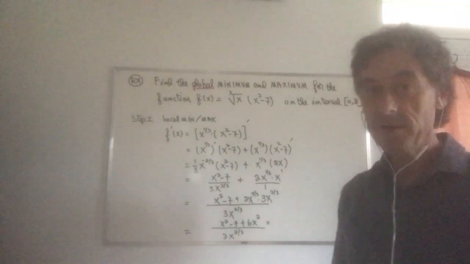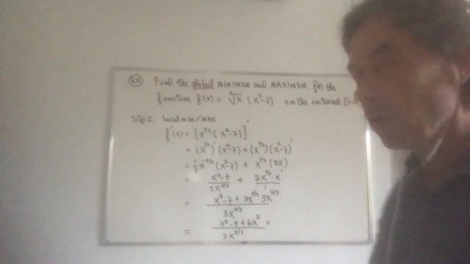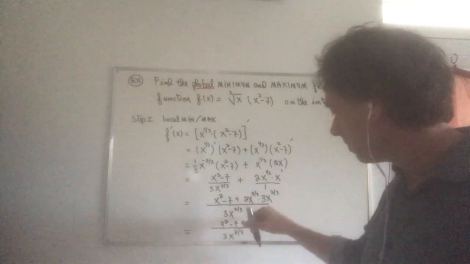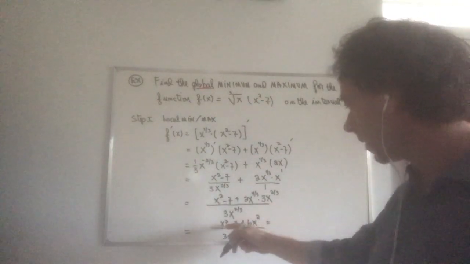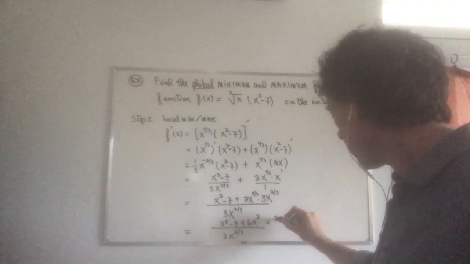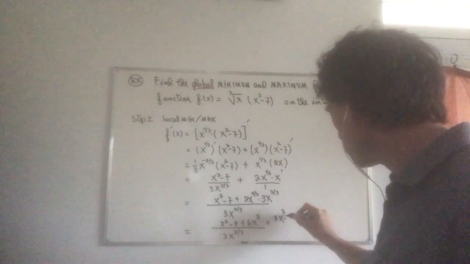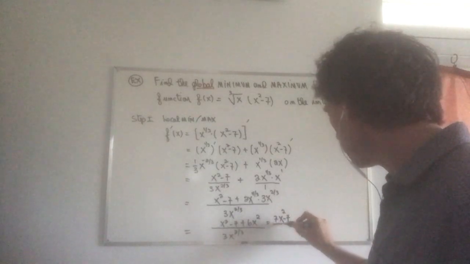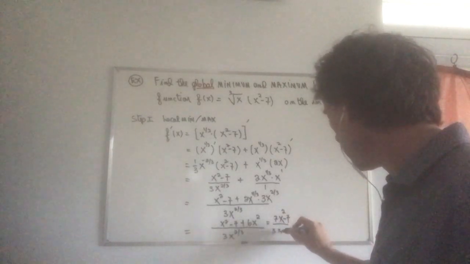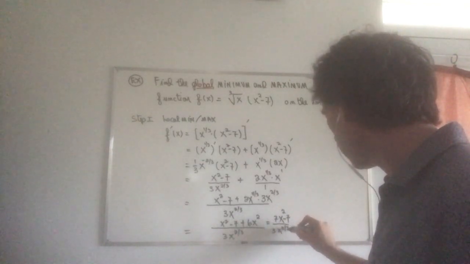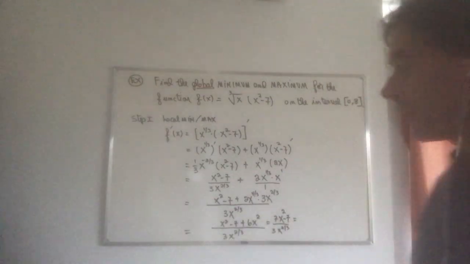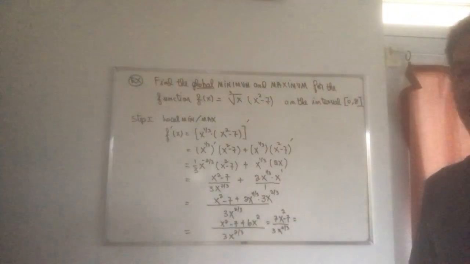And now, this is better, but it is not fully simplified. Why? I have like terms in the numerator. x squared plus 6x squared is 7x squared minus 7 over 3x to the 2/3. That looks good. Is it fully simplified?